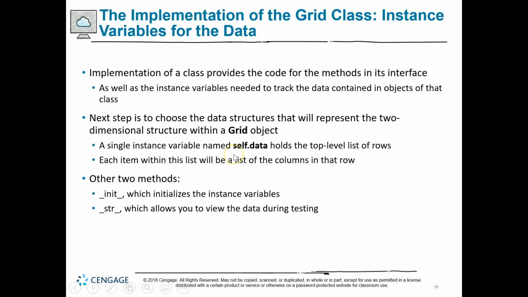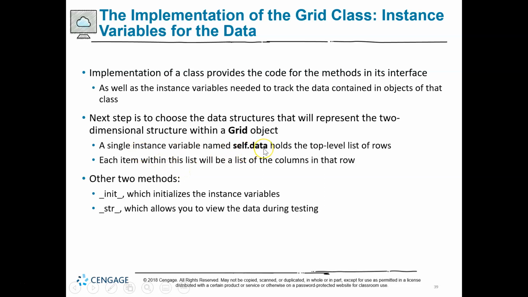So, let's see about how you might implement that class. The design process is you'd think about what data structures the class will use to represent a two-dimensional grid. And here's the choice that is made by the author of our book.